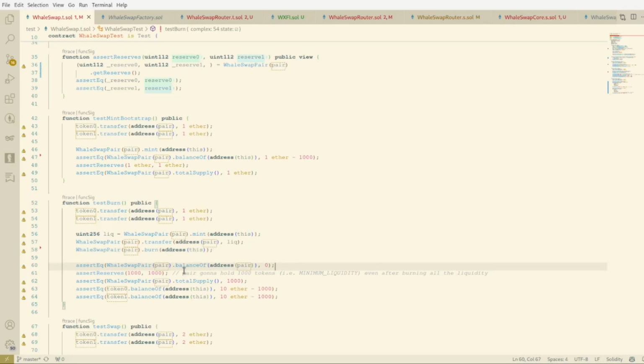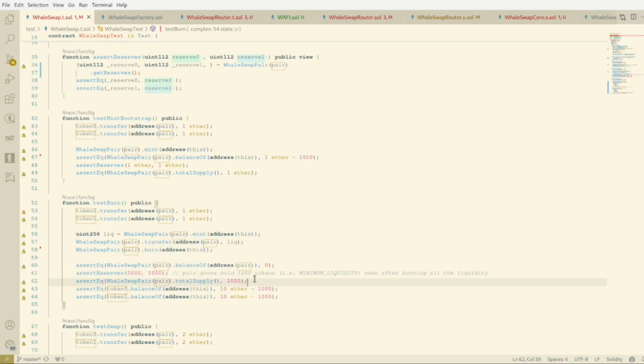Then we can check the balance is 0, and since we are the actual liquidity provider, the first ever liquidity provider, minimum liquidity will still be inside the pair, which we already discussed earlier, of 1000 GUI.